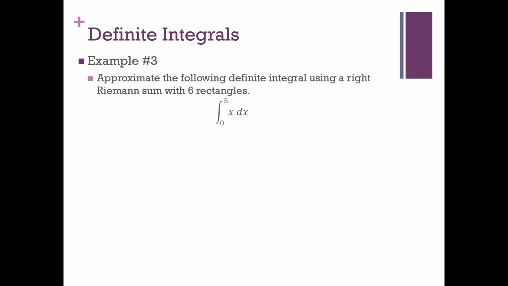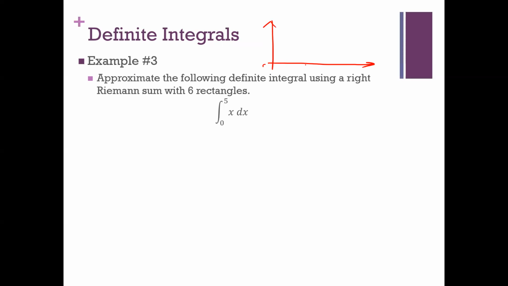So I want to approximate this definite integral using right-Riemann sums with 6 rectangles. So what does this thing mean? We start at 0 and go up to 5. Our first x value that we care about here is 0, and we go to x equals 5.